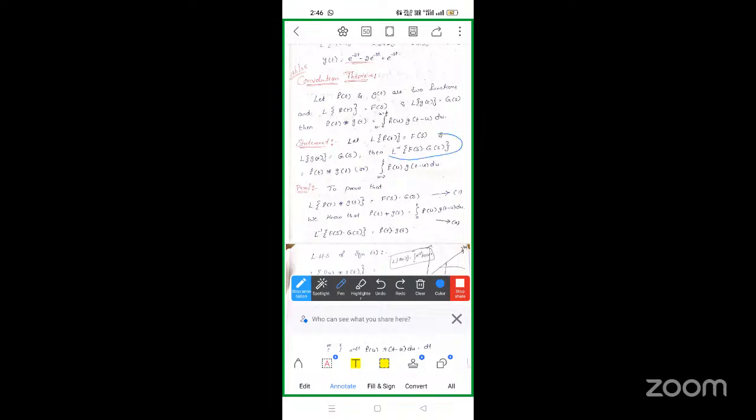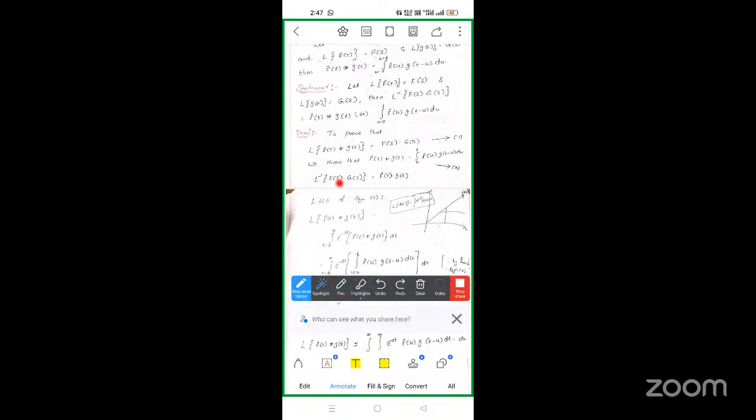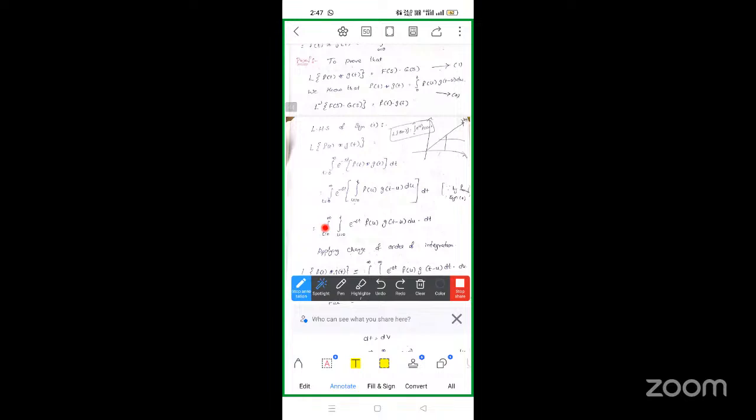So this is L inverse of F of s into G of s, which is equal to f of t star g of t. Now the RHS of equation 1: the Laplace transform of f of t star g of t is equal to the integration from 0 to t of e power minus st into f of t star g of t into dt.